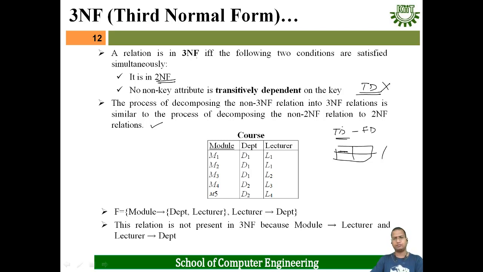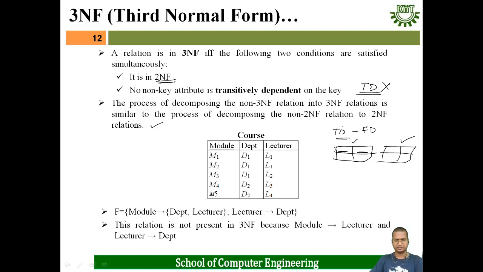In another table, keep all the attributes except the attributes present in the first relation. That means the transitive dependency relation. And in the original relation, remove the right-hand side, dependent part of the transitive dependency, and keep all other attributes. In this way, we can convert a non-3NF relation to a 3NF relation.